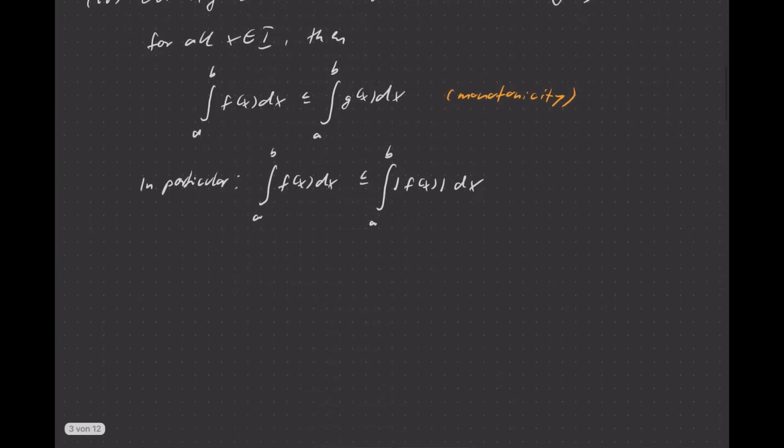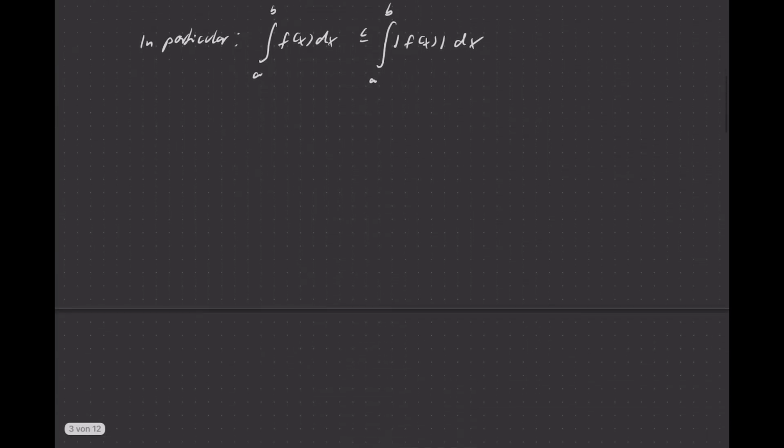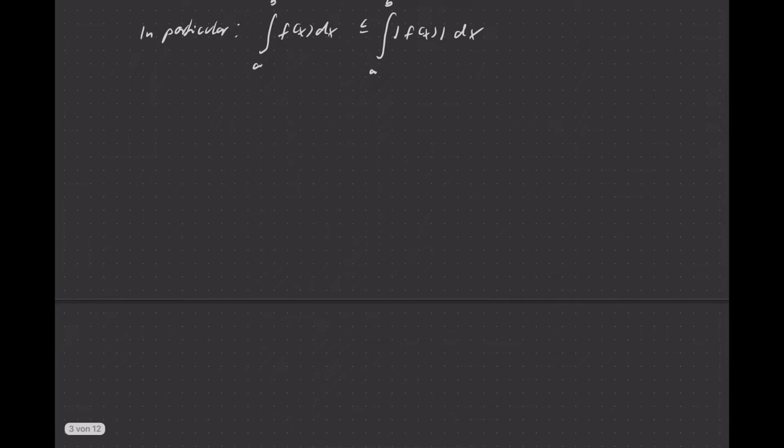And the last one refers to manipulations of the boundaries of the integral. It's known as the additivity property. So for that we need a point in the interval, so let gamma be a point in the interval [a, b].